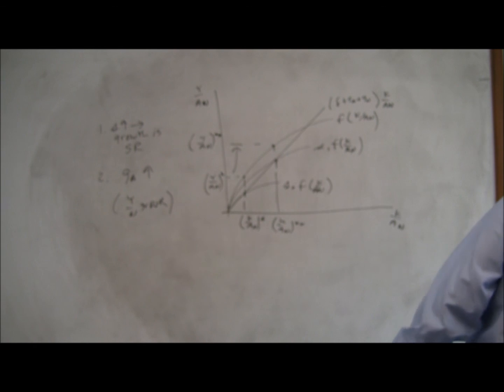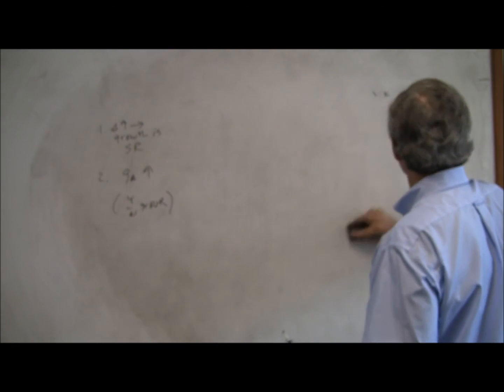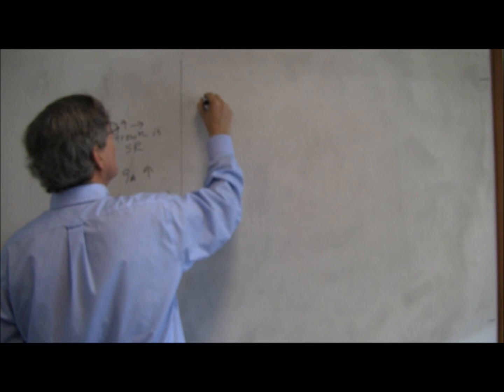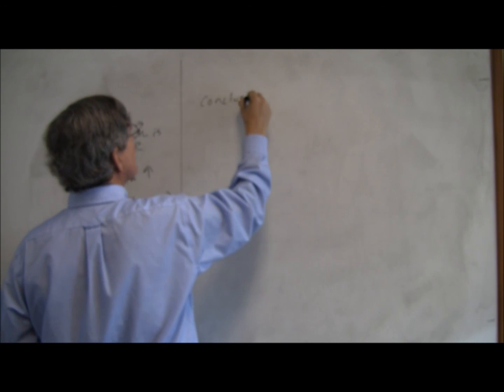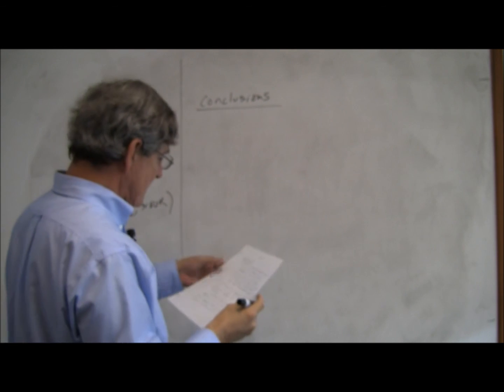So that brings us to a few conclusions that we can draw. If you look at developed countries since 1985, we're going back to the facts of growth we started with in chapter 10.